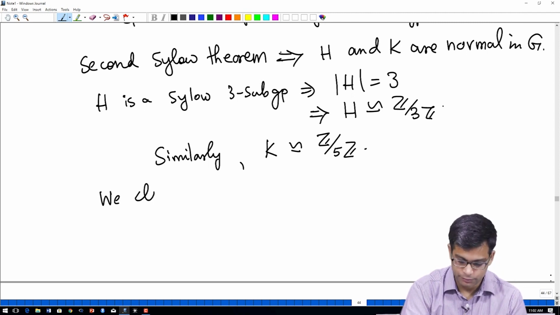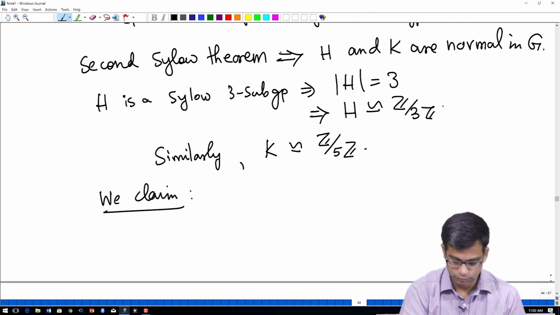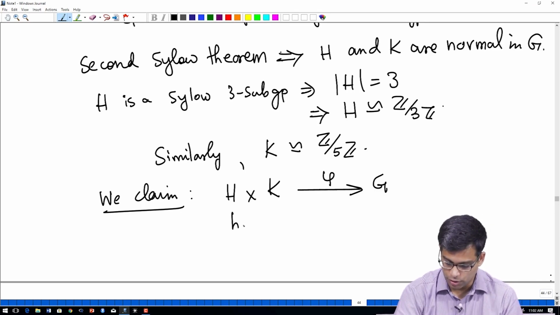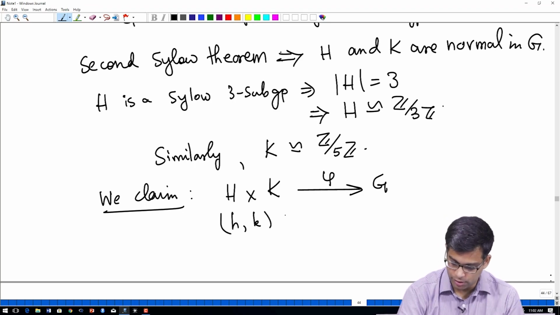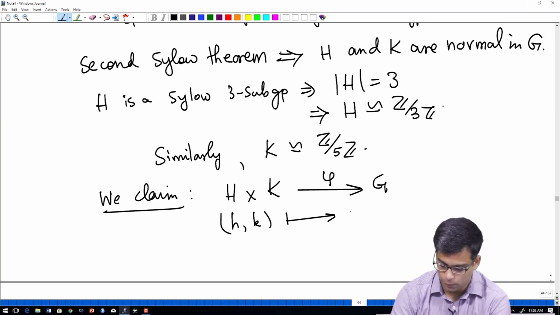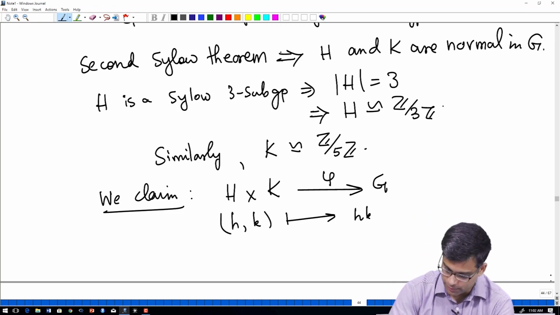Now we claim, consider the map from H cross K to G. So, what is this map? I send (h, k), in the Cartesian product H comma K, to h times k.